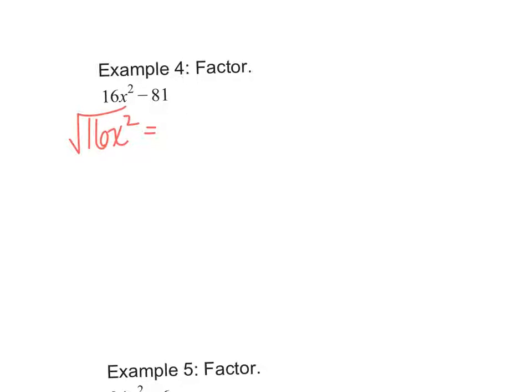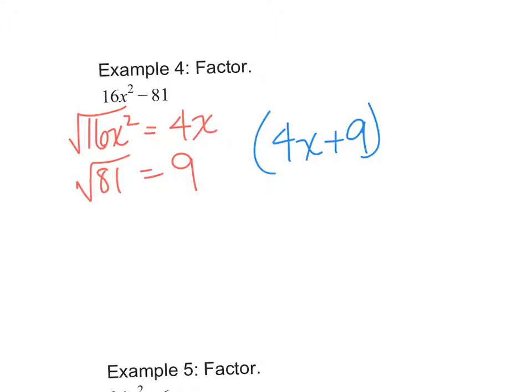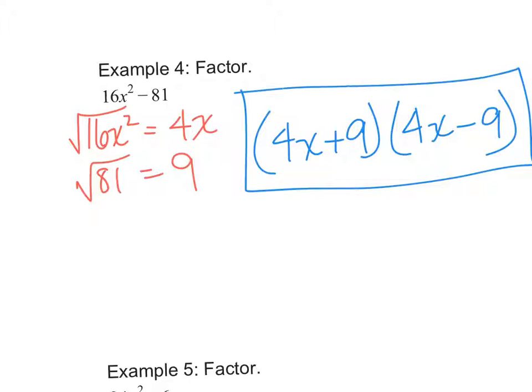So what's the square root of 16? 4, and the square root of x squared is x. Very nice. What about the square root of 81? 9. So I can write this as 4x plus 9 times 4x minus 9. It always seems like this way is too simple. Good.